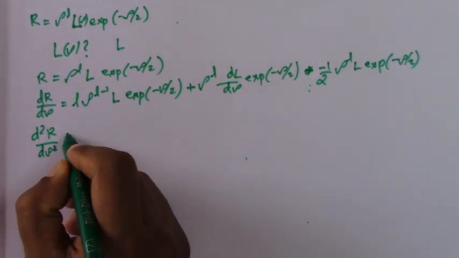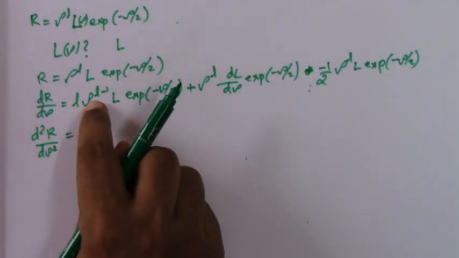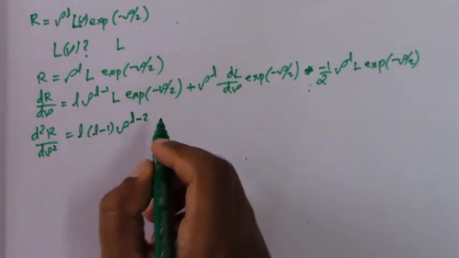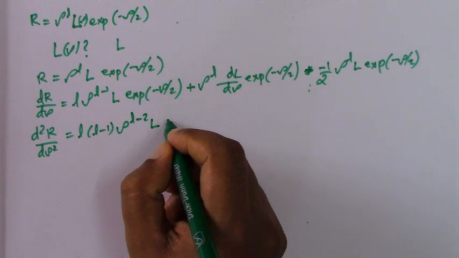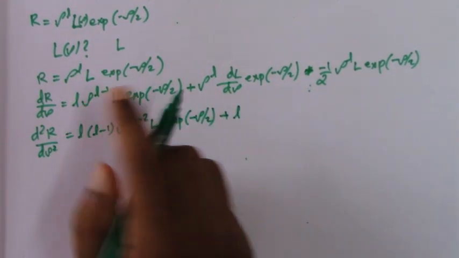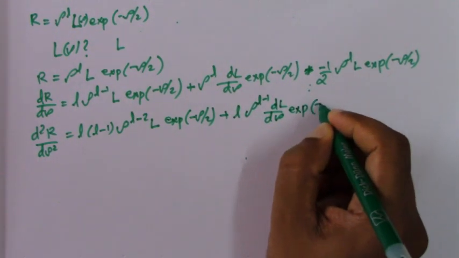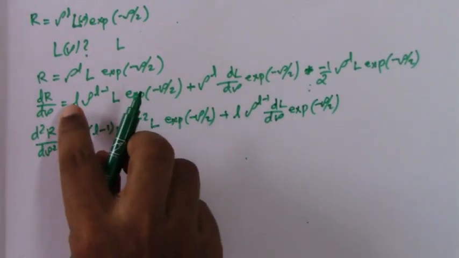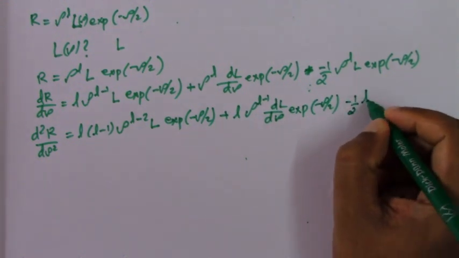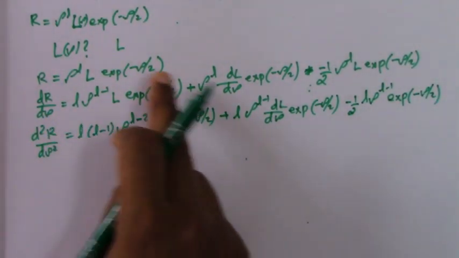So let's do the differentiation of the first term, that is L. The differential of the first, that is L into L minus 1 rho raised to L minus 2, into the second function L, into the third function exponential minus rho by 2, plus L rho raised to L minus 1, that is the first function, into the differential of the second, dL by d rho, exponential minus rho by 2, plus the first function into the second function into the differential of the third, that is minus 1 by 2 L rho raised to L minus 1 exponential minus rho by 2. Now we are done with the first term.